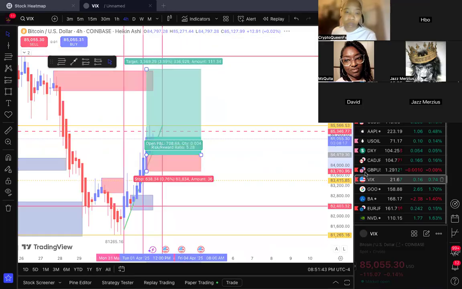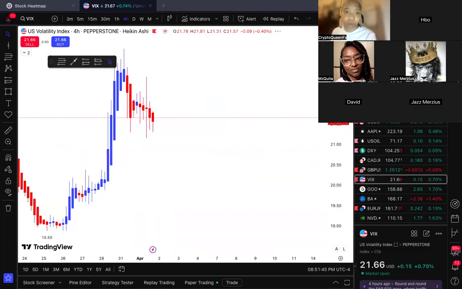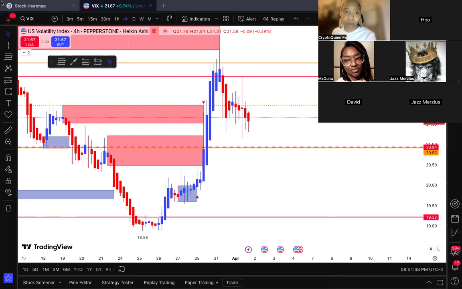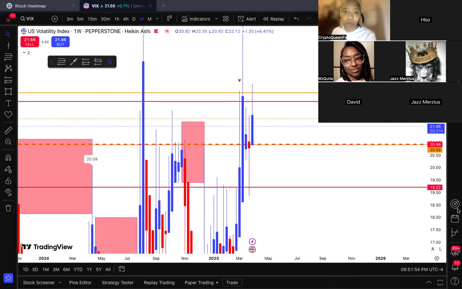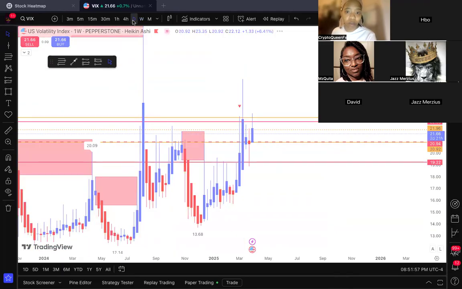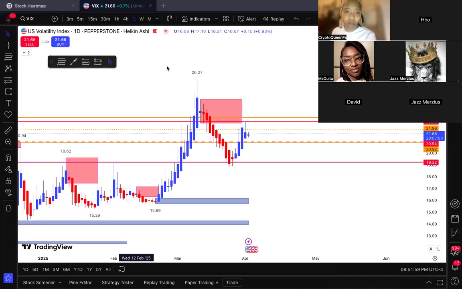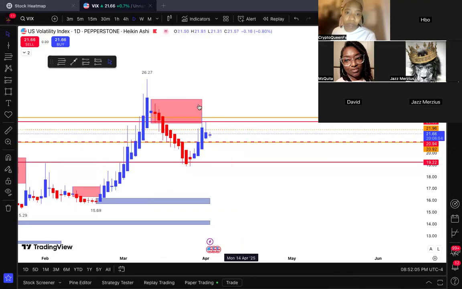The volatility index is actually coming down. So y'all can see it's coming out of an order block, a daily order block. So you can expect the indices to be buying because this is coming down.